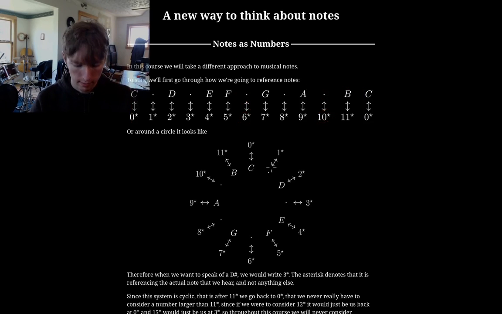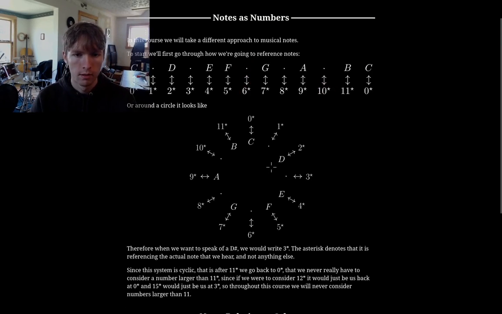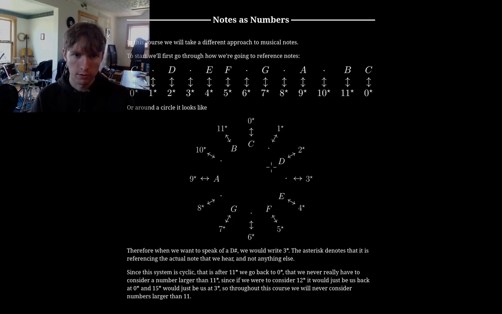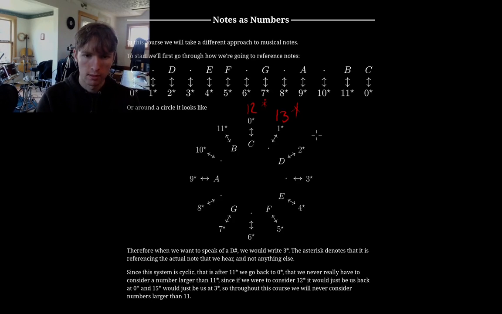Since it is a circle, there's no real reason for us to use 12. We could call this 12 and that 13 and so on, but there's no real reason to because we only need 11 to get the job done. 12 different numbers, but we go up to 11.